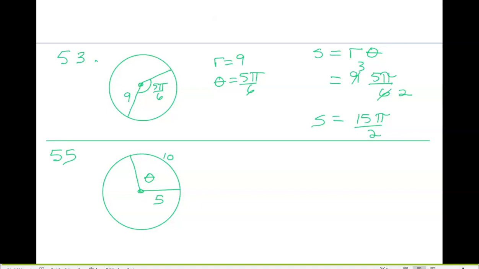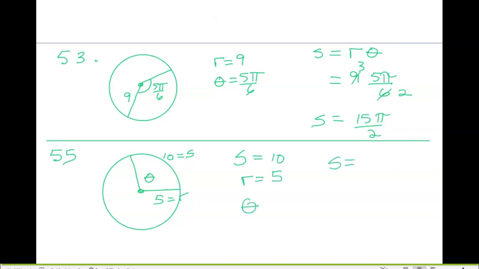So they're giving me, I want the length of the circular arc. Okay, so I want that, that's this. I don't have theta, but I do have the r. So let's make this a laundry list here. My S is 10, my r is 5, so I need to find my theta.